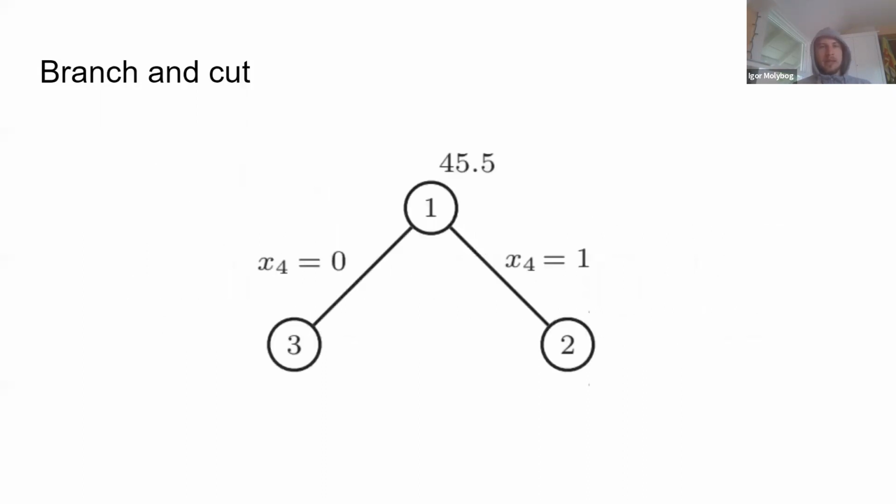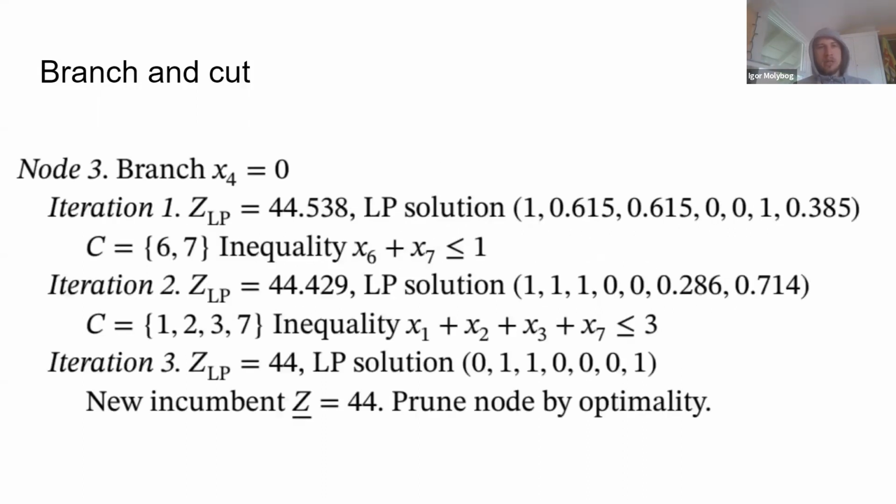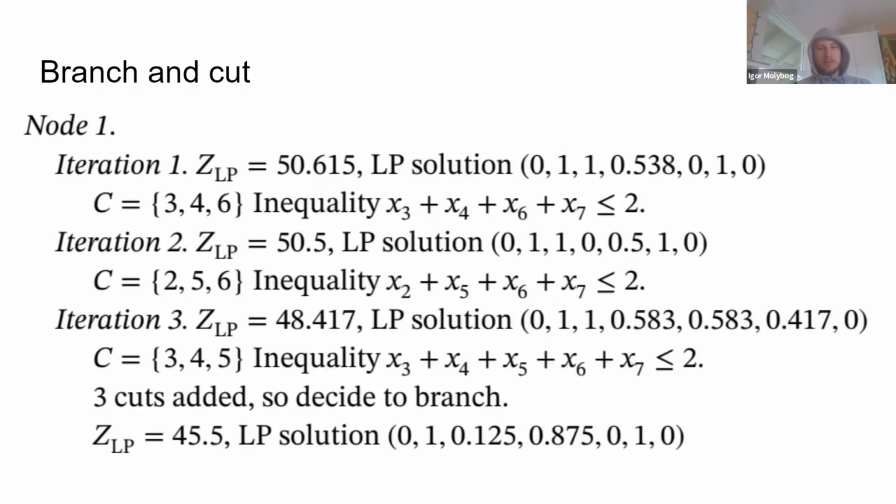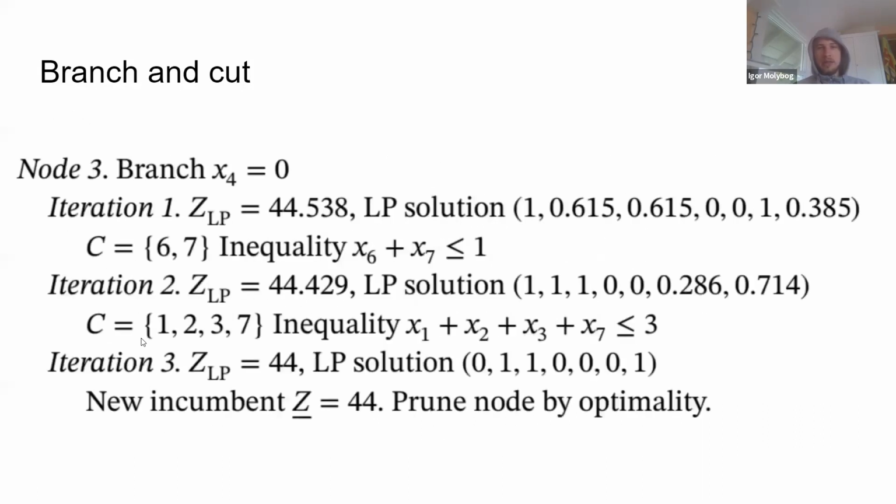Here we assume that in our branch and cut algorithm we have a limit on the number of iterations, which is equal to 3. So here, when we hit iteration number 3, we just stopped cutting and started branching, and I assume that the same thing would have happened over here. So if we were not to find a binary vector over here, we would stop cutting and start to branch.